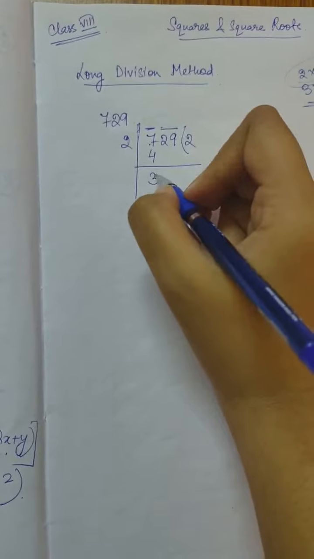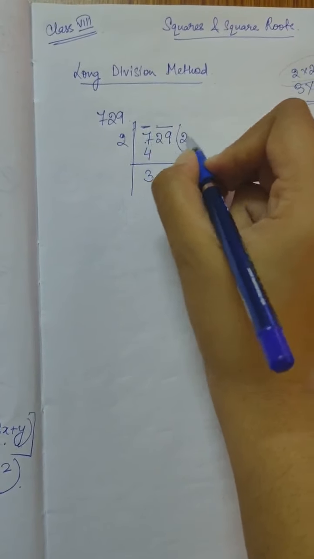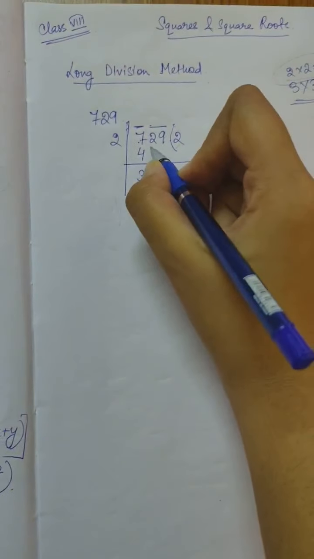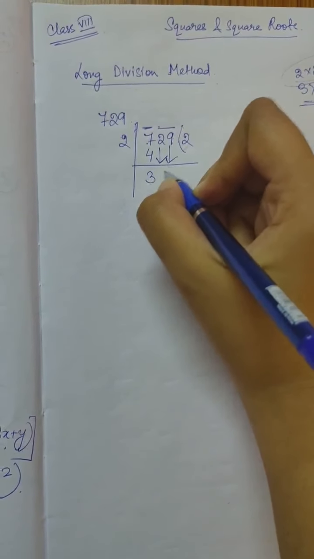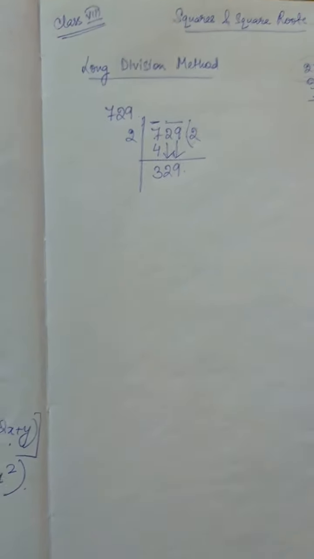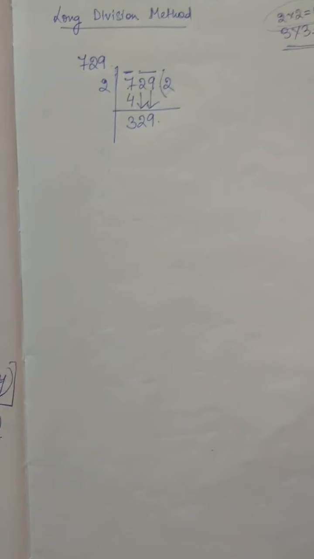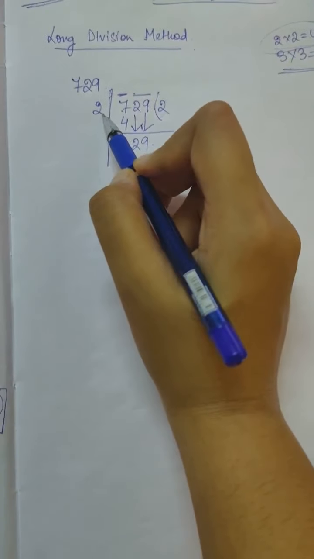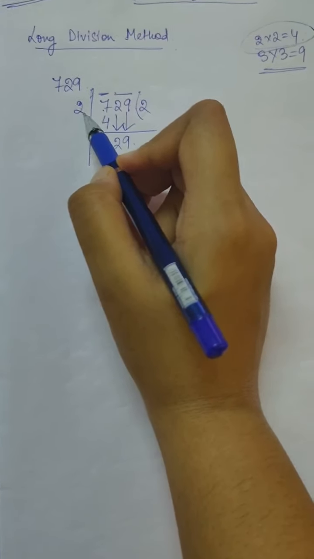Now after this remainder we will take the other two underlined digits together. So 2 and 9 are the next selected digits, and both will come down together. So 329. Now after this we need to make double of this number 2. Double means multiplying the number with 2.